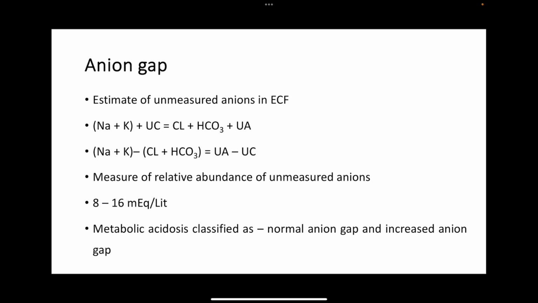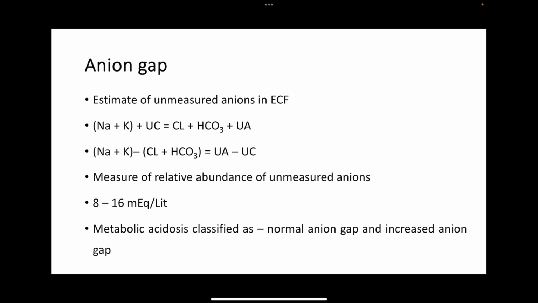And based on whether this anion gap is normal or high, metabolic acidosis is classified as normal anion gap metabolic acidosis or high anion gap metabolic acidosis. So how do you calculate the anion gap? Our assumption is that the total number of anions and the total number of cations has to be equal. Now the anions and cations we know are usually sodium, potassium, chloride and bicarbonate.